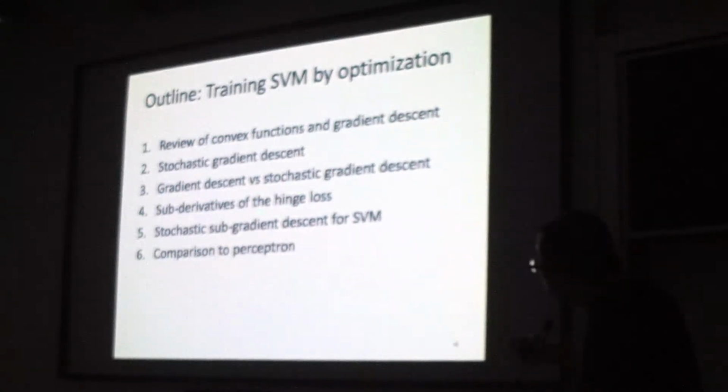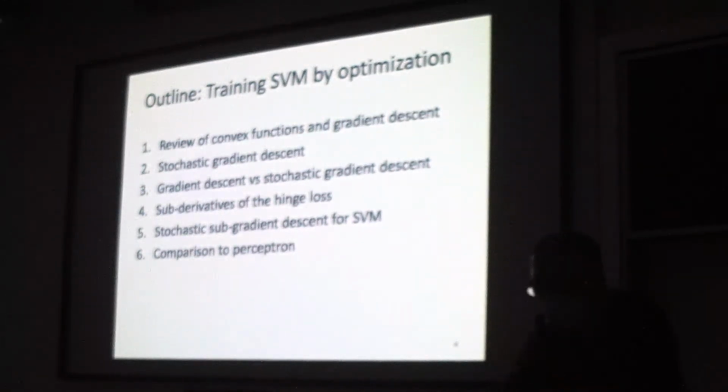And then we need to address how to calculate the gradient for the Hinge Loss. Right? It is not differentiable, so we're going to use a concept called sub-derivative or sub-gradient. We can use sub-gradient instead to update the model parameters, and can still guarantee convergence. And finally, we'll talk about the stochastic sub-gradient descent framework for support vector machines, and then we'll compare with perceptron.